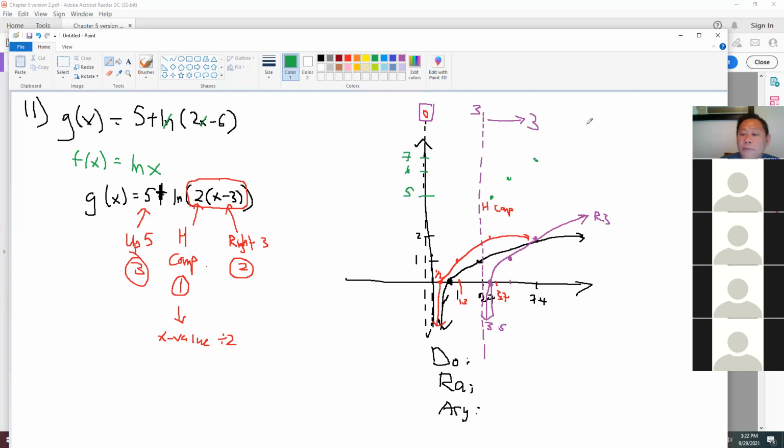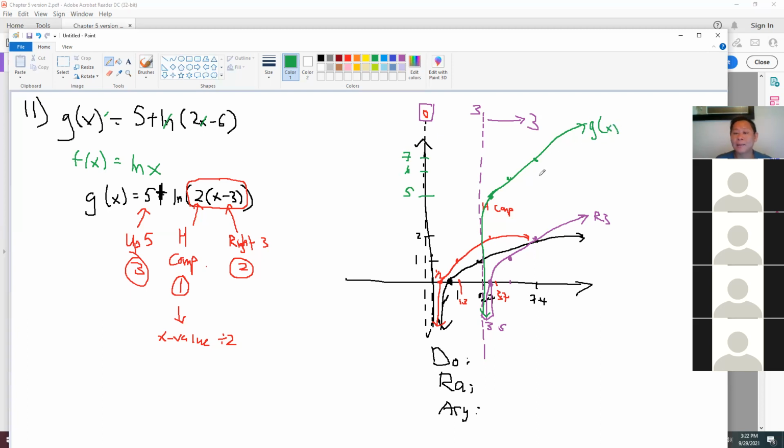So this graph is your answer in this case, and yes, it will keep parallel to this one. So this is your g of x here, which is 5 plus ln 2x minus 6. When you move up 5, you still get back the same 3, because moving up and down won't affect your vertical asymptote.